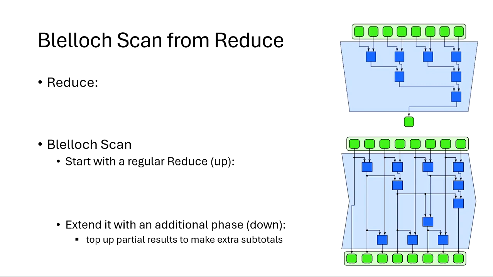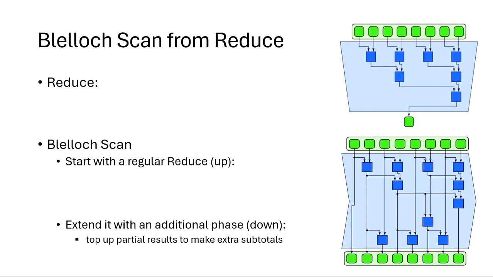It first calculates a completely standard reduce, as in MapReduce, just dropping in the whole reduce. You can see we've put it in here: this is the pattern for reduce, and this is the pattern for the Blelloch scan. It starts by just performing a standard reduction up here.